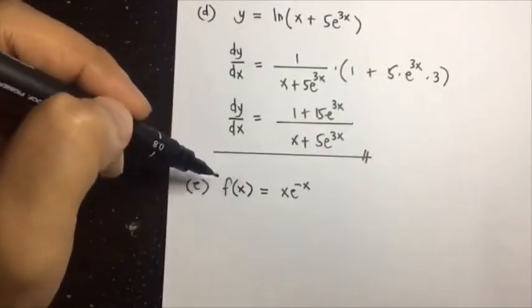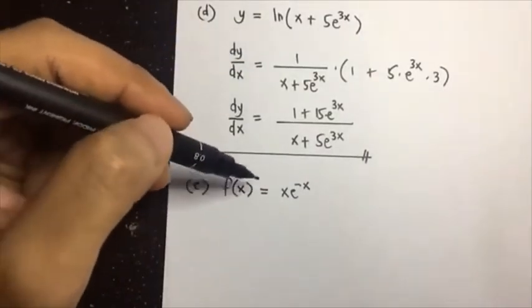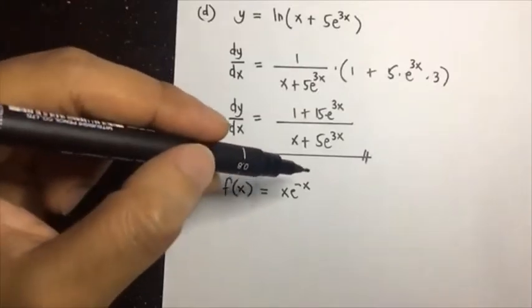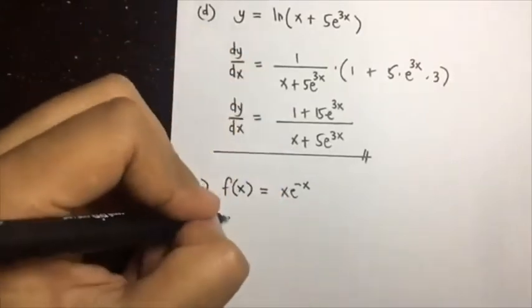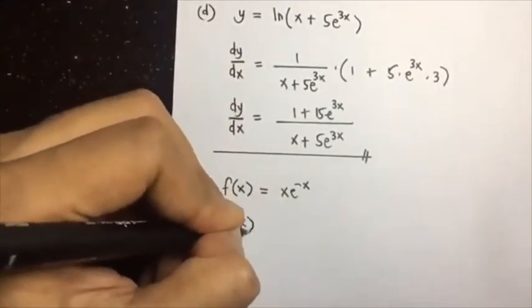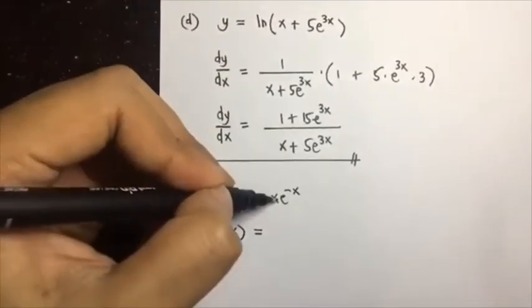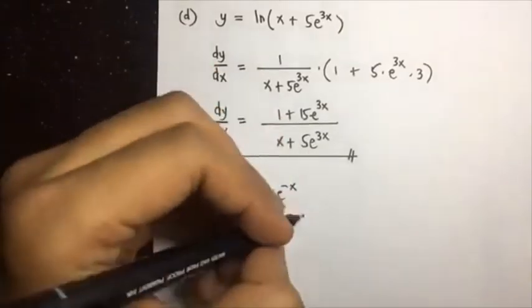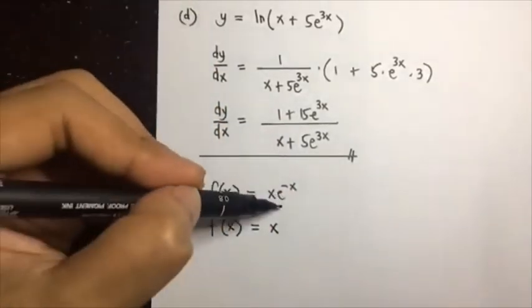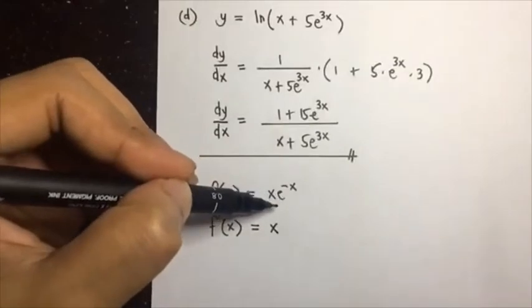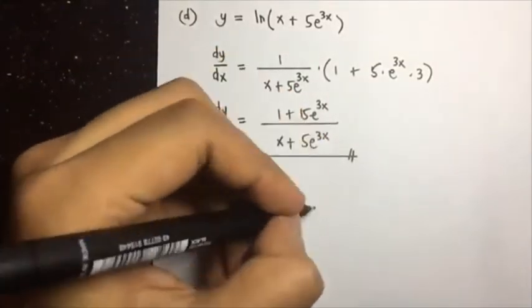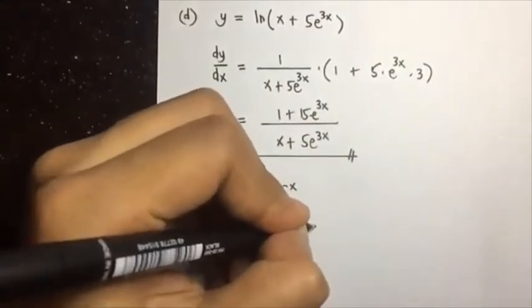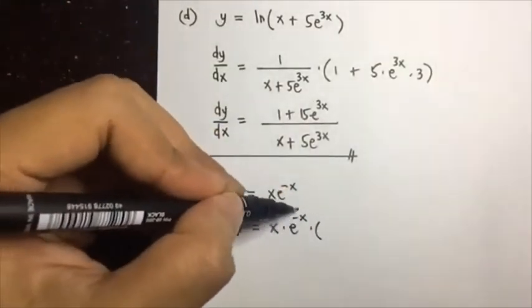So we will derive the function, and then equate the derivative to 0. So f prime of x using the product rule. So this is first factor multiplied by derivative of e to the negative x. So the derivative of e to the negative x is copy e to the negative x multiplied by the derivative of the exponent.